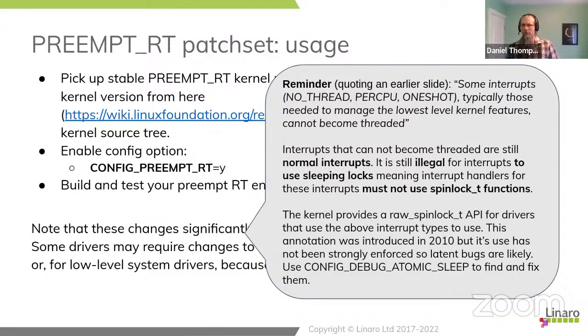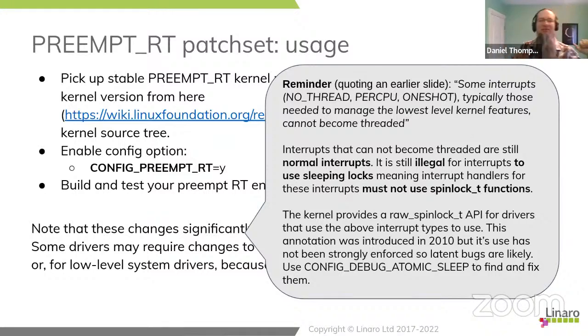Now, this has been known about for a very, very long time. So the kernel introduced a data structure called raw_spinlock_t, intended for drivers that know they are using one of these features. And this annotation was introduced in 2010.